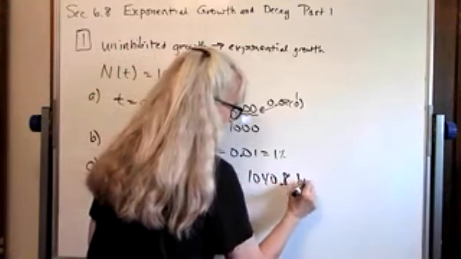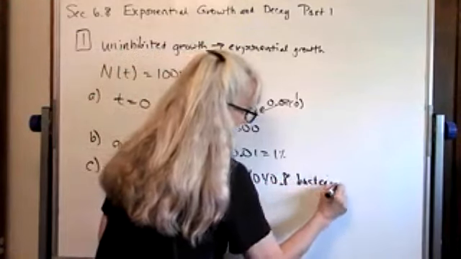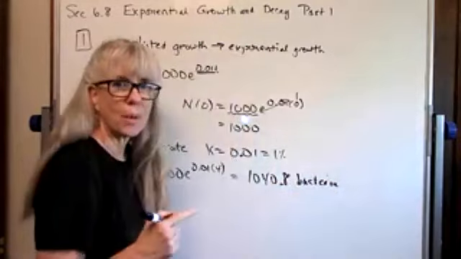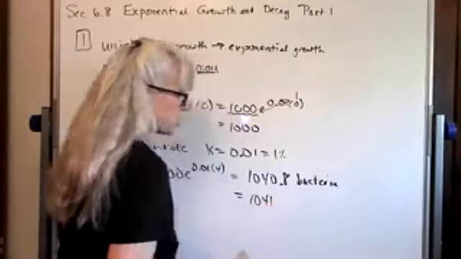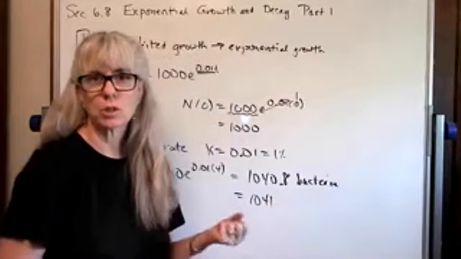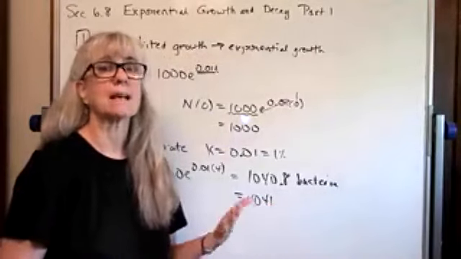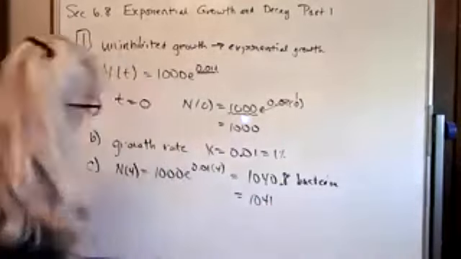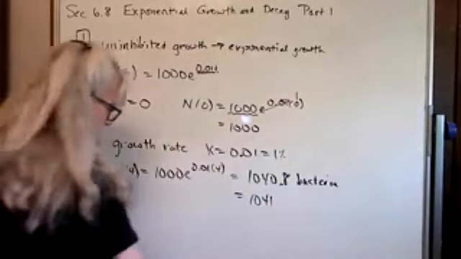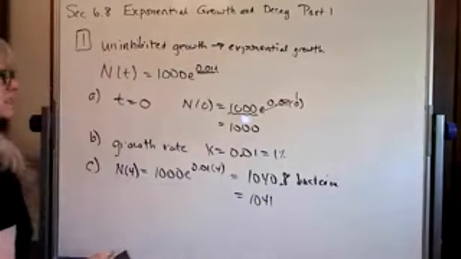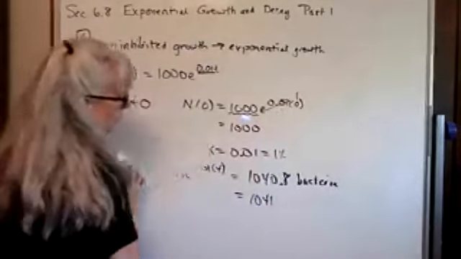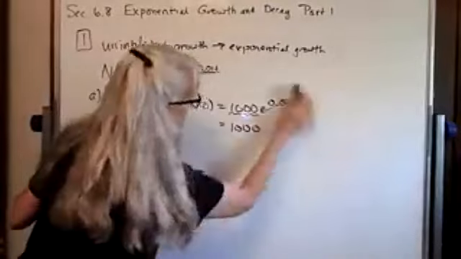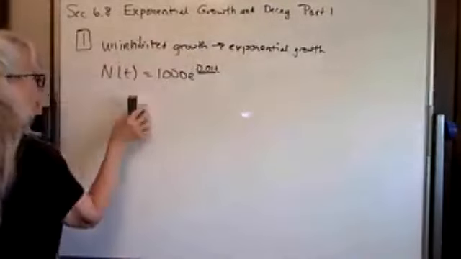And this is in terms of bacteria. Now, personally, I don't like a part of a bacteria, so I would round this to 1041. Please make sure you read the rounding directions on the MyLab Math carefully and round as indicated. So we end up with, after just 4 hours, 1,041. And that's because it's a pretty tiny growth rate, 1% growth rate, not very large.